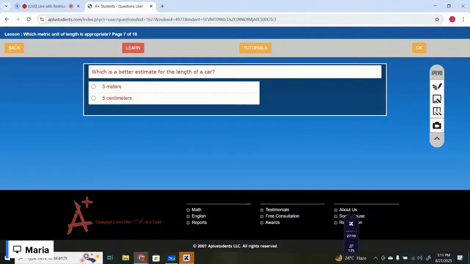So it is the car. It would be 5 meters, right? Option number one, correct option.